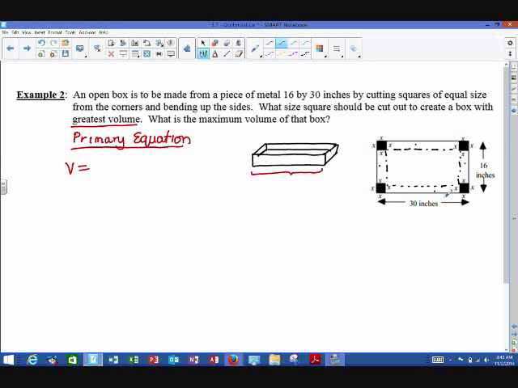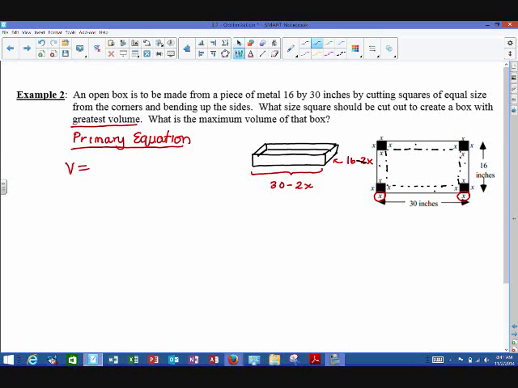Now you want to be real careful because we don't want to call this 30. 30 would be incorrect because that 30 would have been the entire length of the sheet, and that now changes because we have subtracted out a pair of x's. 2x's to be exact, so 30 minus 2x would be a great name for that dimension. And in the same vein, we could call the depth or width of the box 16 minus 2x.